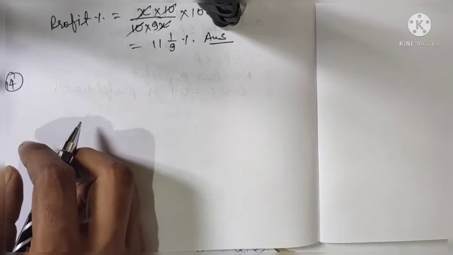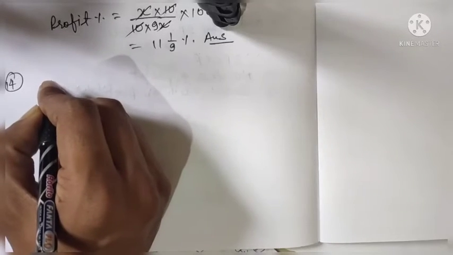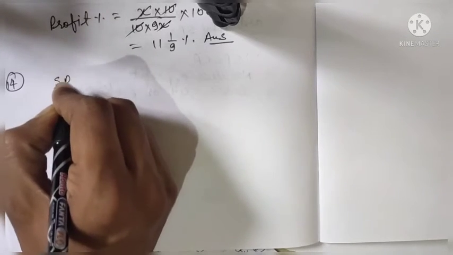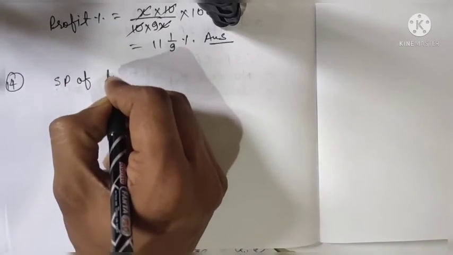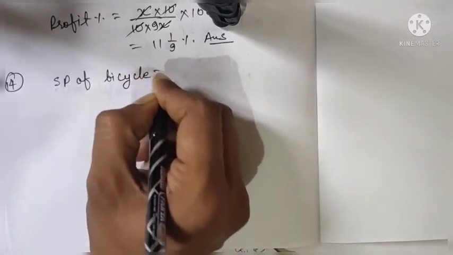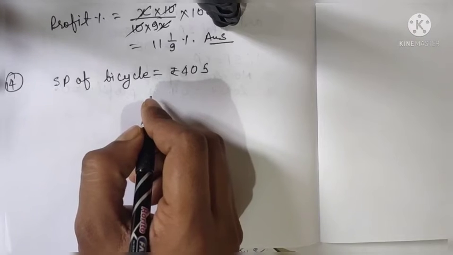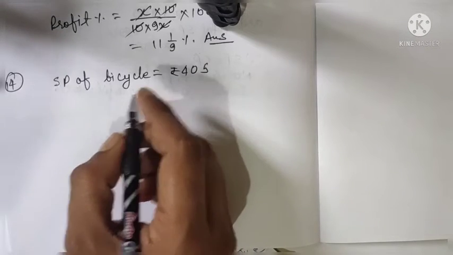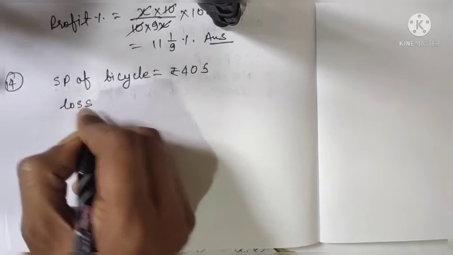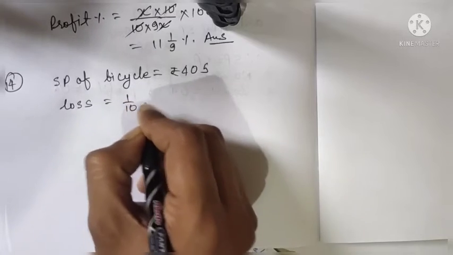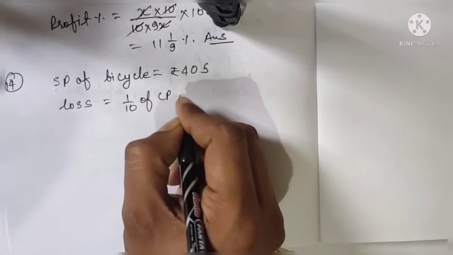Question number 14 is, a man sold his bicycle for rupees 405. That implies SP of the bicycle is equal to rupees 405, and it is given that he is losing 1/10 of its cost price. So loss is equal to 1 by 10 of CP.